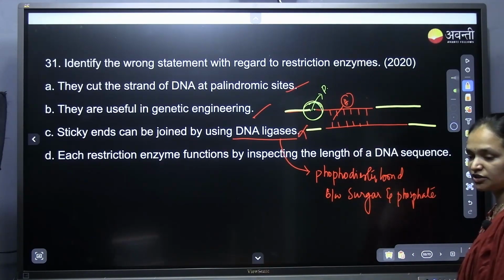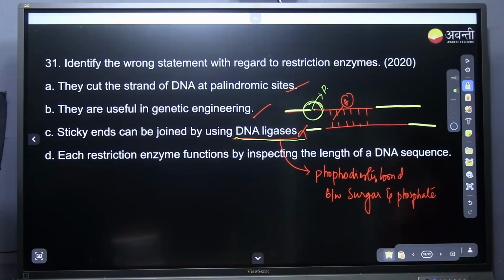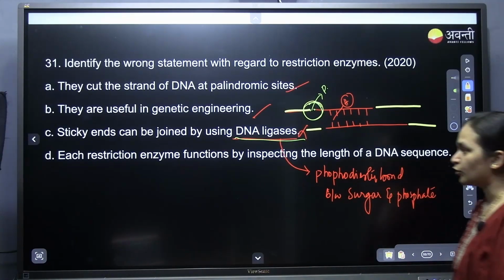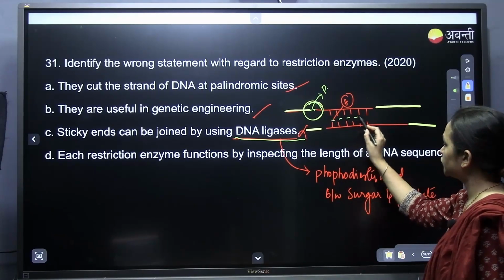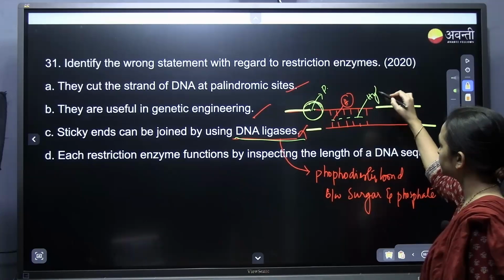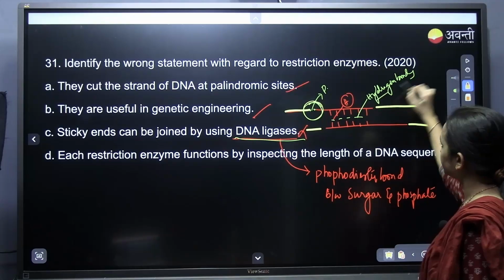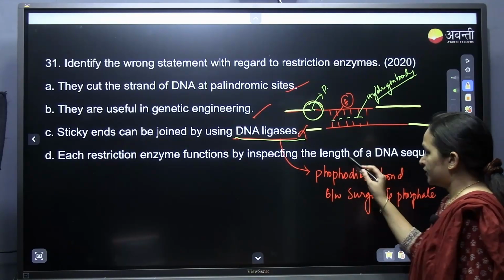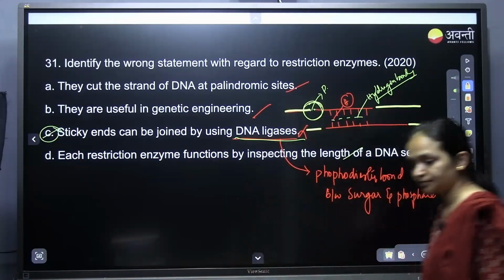Understanding? It joins the DNA molecules, not the sticky ends. Sticky ends will be joined by the hydrogen bonds. This is also true. We need to find the wrong statement, that is C.